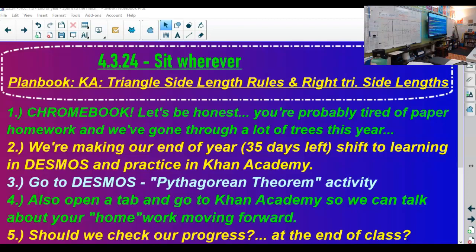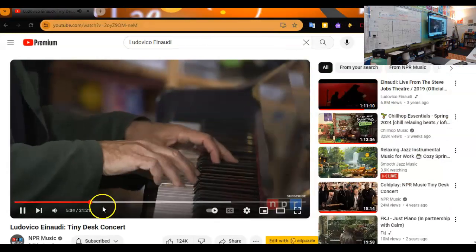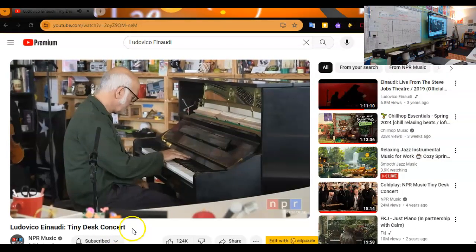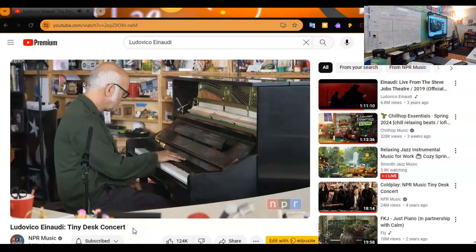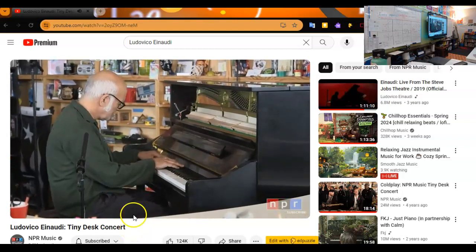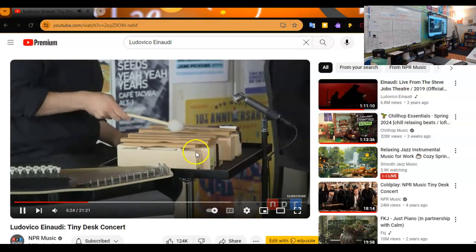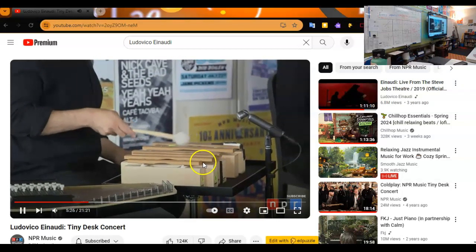For my percussion people, the music that we're listening to right now is just like an NPR concert. But I find it very interesting that instead of bringing a whole marimba or whatever, they just brought the keys they wanted. Yeah, see, they just brought the keys they needed.